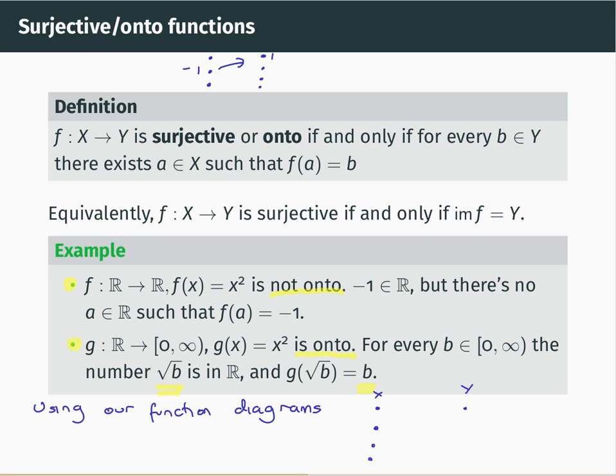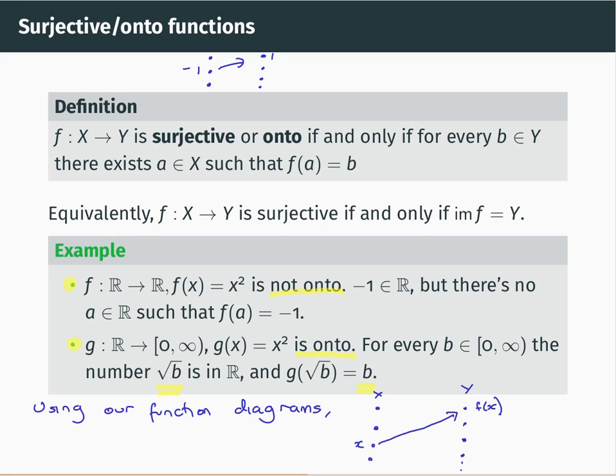We drew the codomain and we called it y, and we illustrated the elements of the codomain by dots. And we showed where the function f sent a particular element of the domain by drawing an arrow from x to f of x, like this.